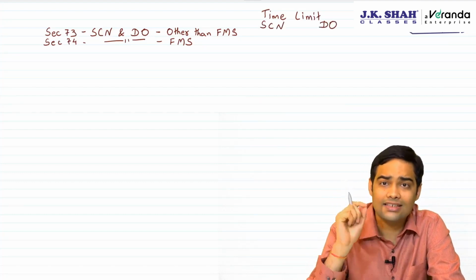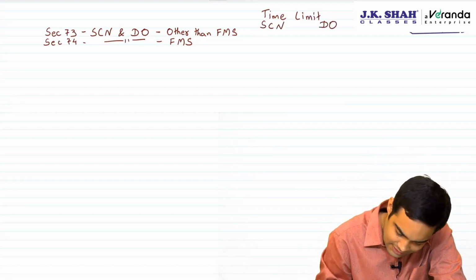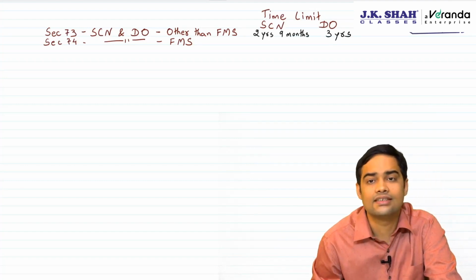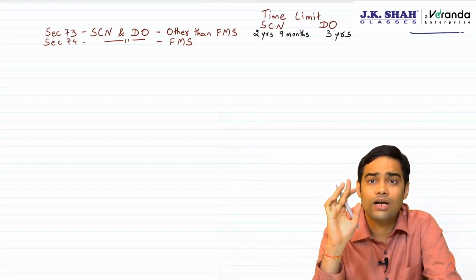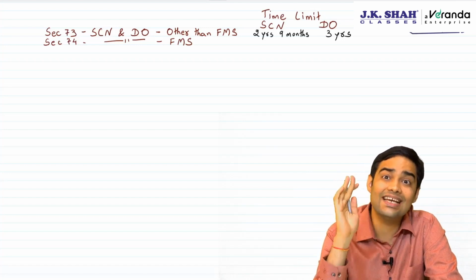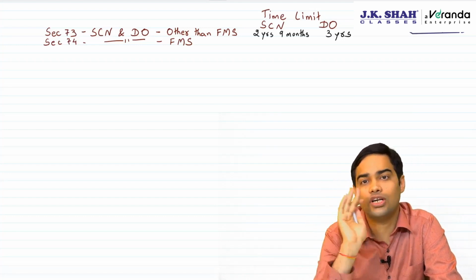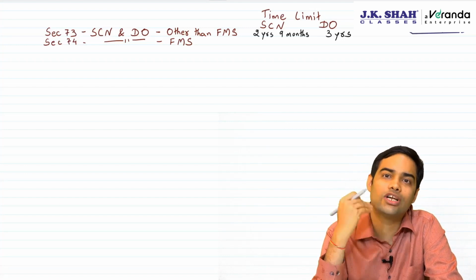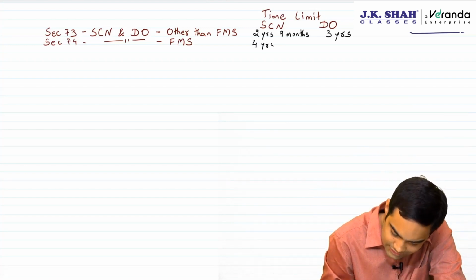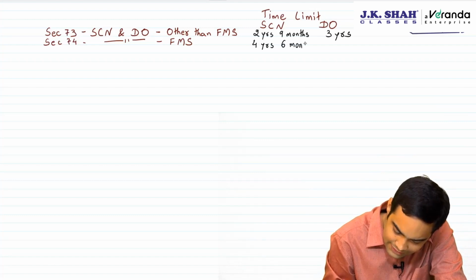In case of other than fraud, this limit is 2 years and 9 months. And for demand order, the time limit is 3 years. By this time, demand order or show cause notice has to be issued. This is the last date for issuing notice, last date for issuing a demand order. For fraud cases, this is 4 years and 6 months. And for demand order, the total time is 5 years.